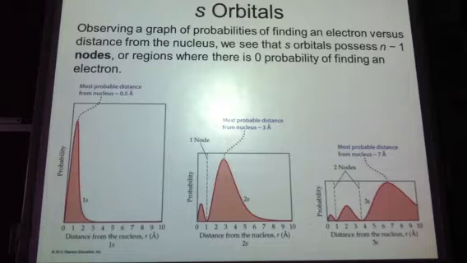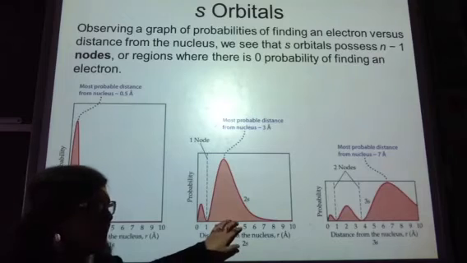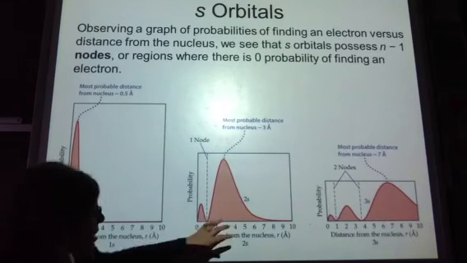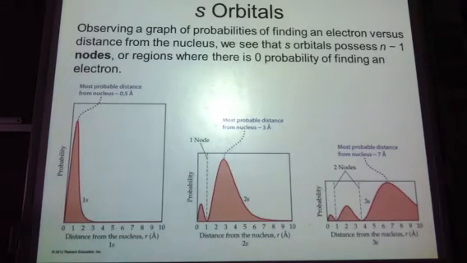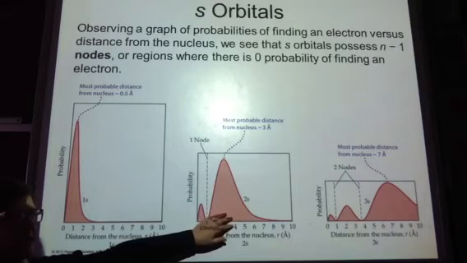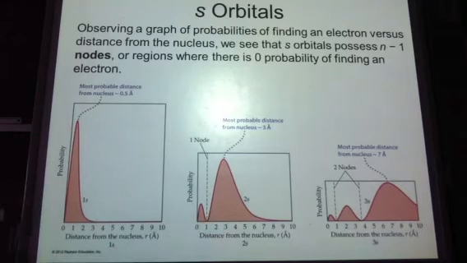But this node is where I would have a zero probability of finding an electron. So the electrons that are there for 1s are going to stay in that 1s electron cloud. The electrons that are there for 2s are staying in that 2s electron cloud.